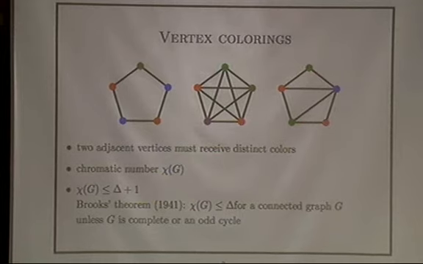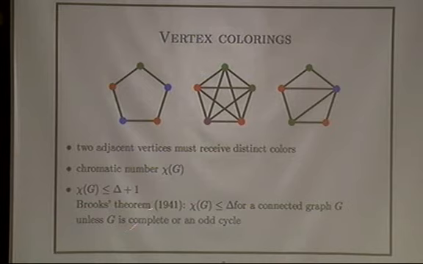So it is easy to see that the number of colors in an optimal coloring never exceeds the maximum degree plus 1. So this is a trivial bound, and what you do is you just color the vertices greedily, and when you come to a vertex, it has at most delta neighbors. If you have delta plus 1 colors, you still have a color that you can assign to the vertex.